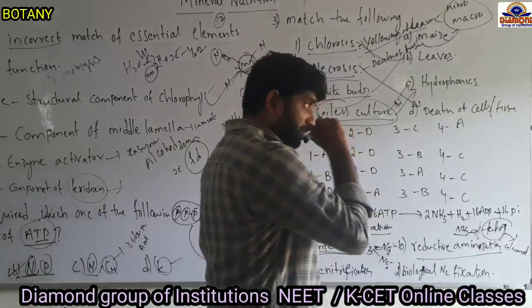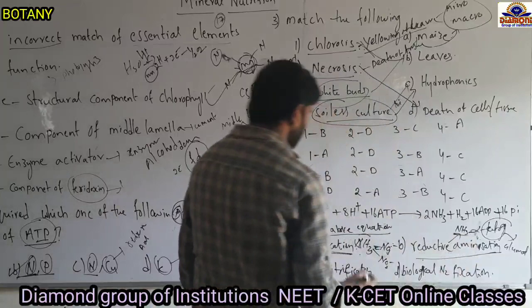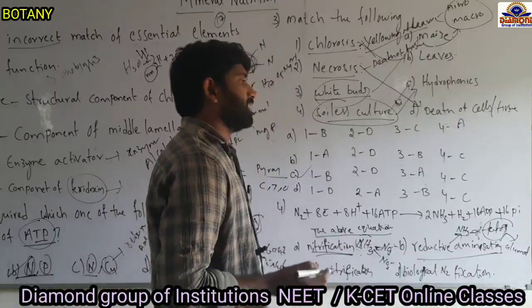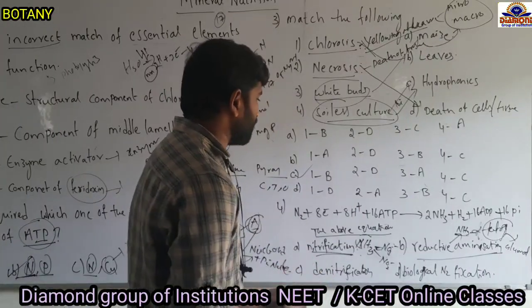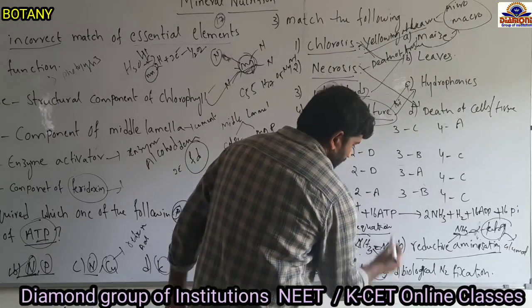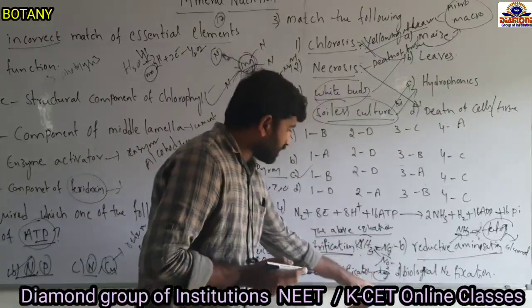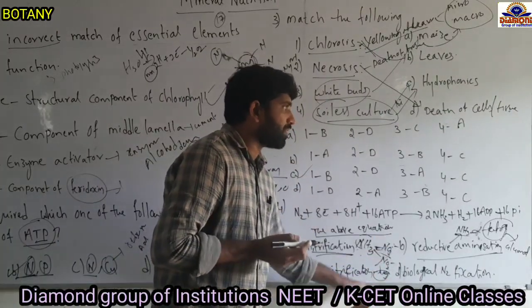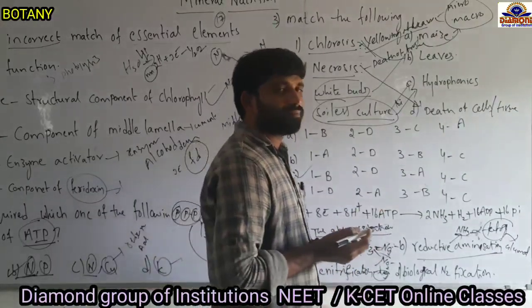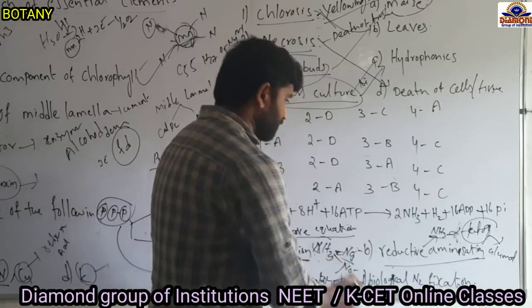Conversion of alpha ketoglutaric acid into glutamic acid is called the reductive amination mechanism. And denitrification is when soil nitrogen enters into the atmosphere.